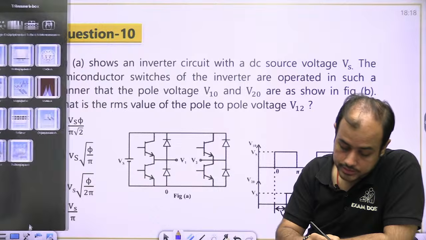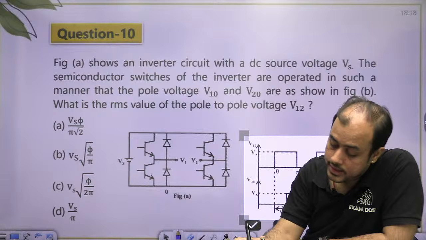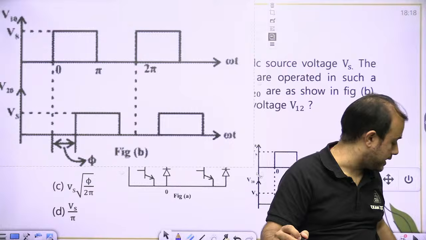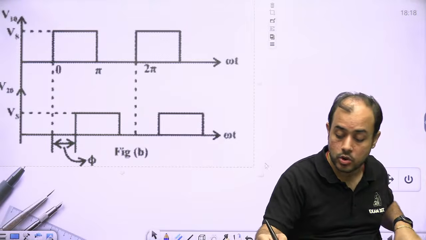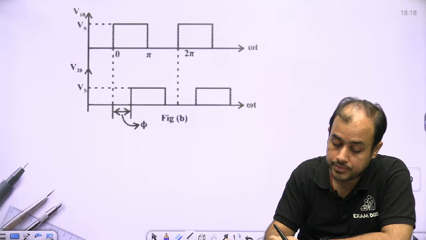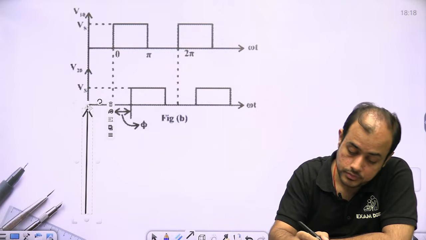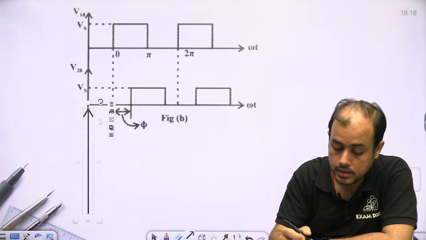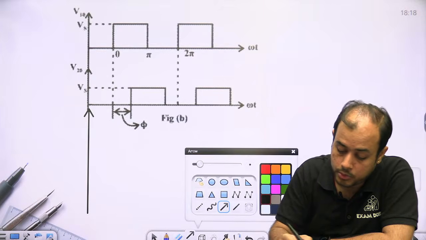See this question. In this question, what it says is that we are giving you a graph of the pole voltages. है ना? And we want the RMS value of the output. So this is the graph of the pole voltage. Now, how to calculate the output, मेरे बच्चों? For finding the output, okay, you must first calculate the difference of the pole voltages.